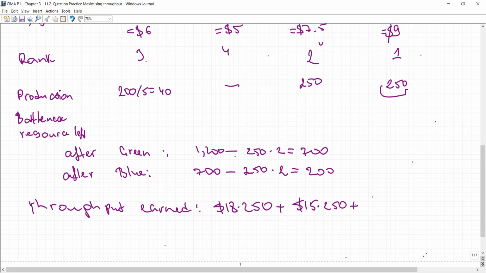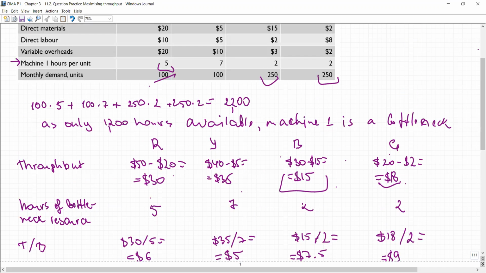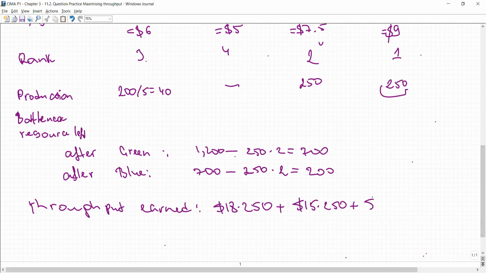And for product red, we decided to produce 40 units, and we have throughput of 30, so 30 multiplied by 40 units. And we are not going to produce yellow. So 18 multiplied by 250 plus 15 multiplied by 250 plus 30 multiplied by 40 gives us 9,450, and this is throughput earned.